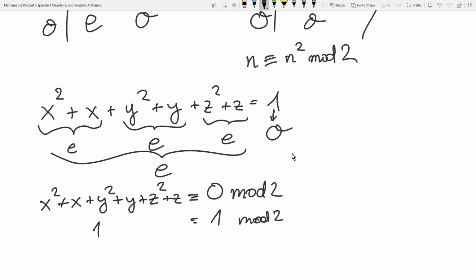So if there were any solution to this equation, then it simultaneously has to be an even and an odd number. But this can never be the case because we've said that there can't be a number that is both even and odd at the same time, because buckets just don't overlap.